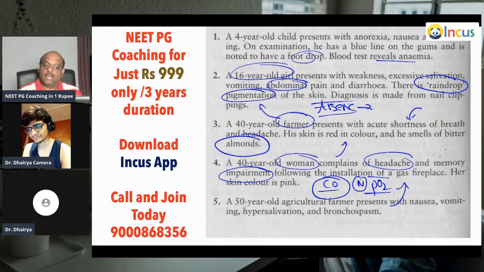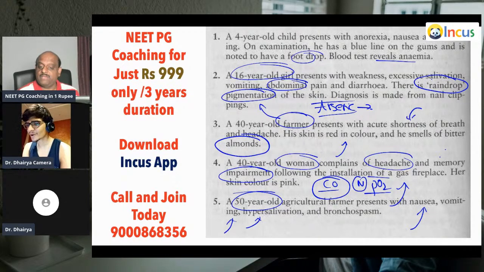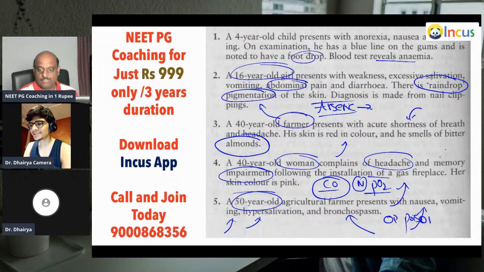Great. Now, 50-year-old agricultural farmer, a lot of times this question has been asked in the previous NEET PG exams. Nausea, vomiting, hypersalivation, and bronchospasm. OP poisoning or carbamate poisoning, we can't say which one of the two. The patient is coming with nausea, vomiting, sometimes has seizures, has hypersecretions.